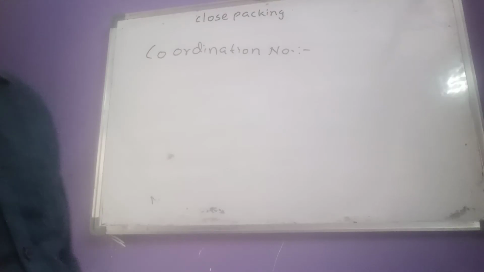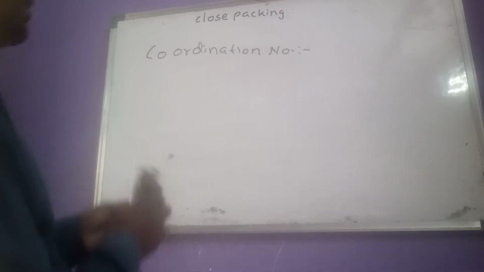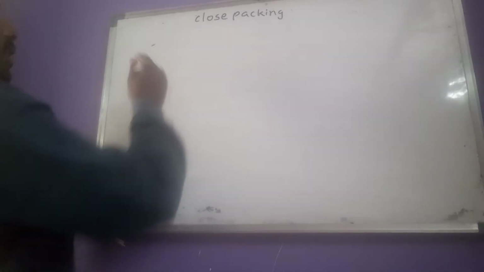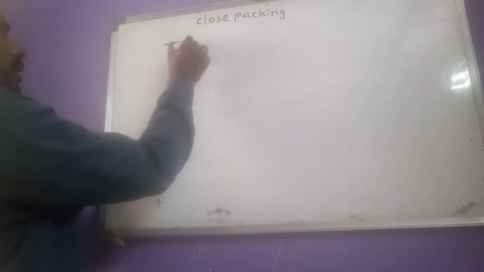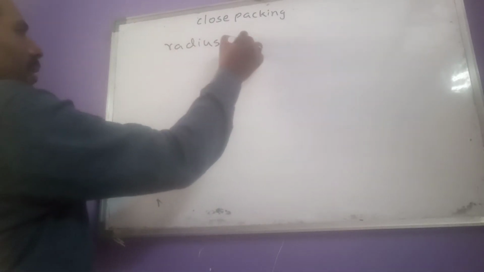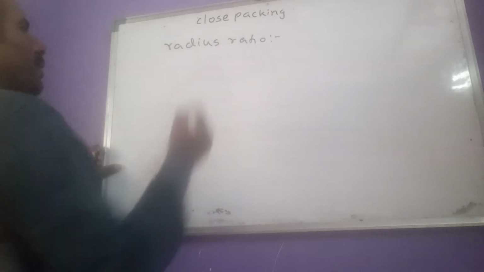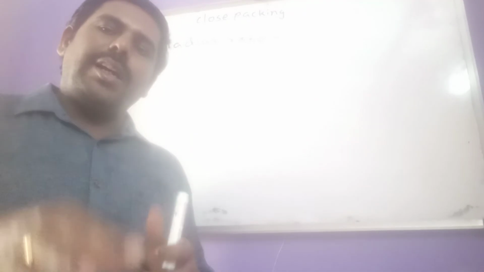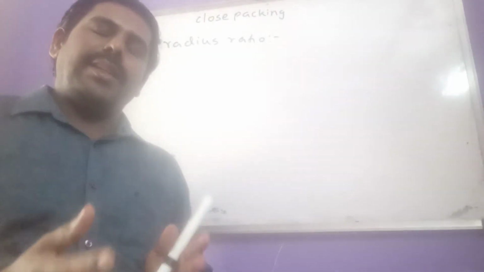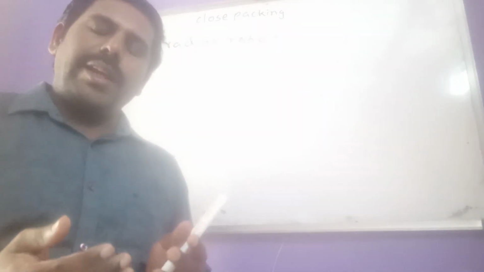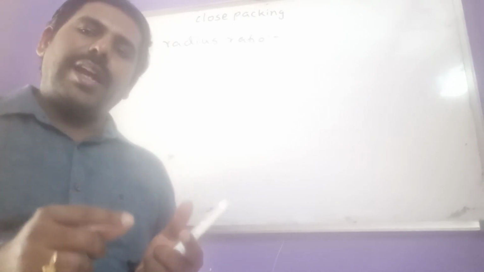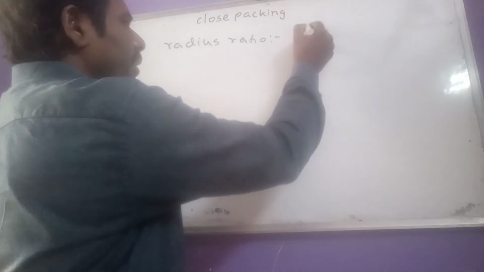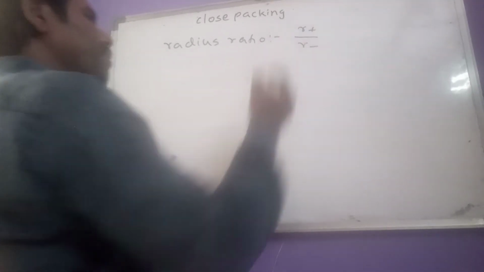Let us see what is radius ratio. The ratio of the smaller ion to the larger ion, that is, the ratio of the radius of cation to the radius of anion, is known as radius ratio, r+ by r-.